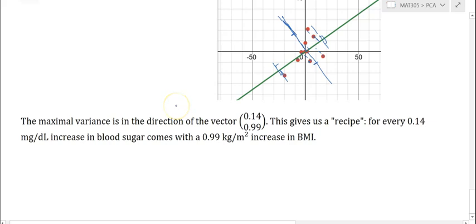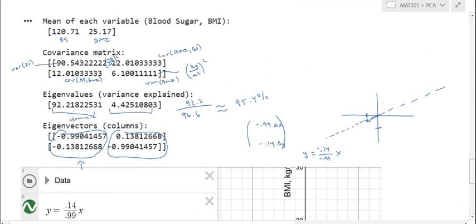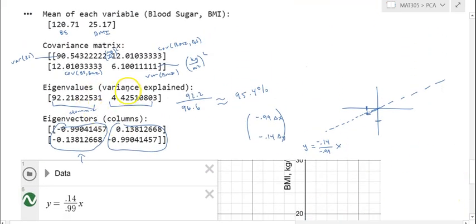Now imagine that we're in higher dimensions, like 10 dimensions. I repeat this process, but I get 10 eigenvalues and 10 eigenvectors. I order them in descending order. I look at the largest eigenvalue, and I can interpret the eigenvector as a corresponding change in all 10 components. We'll look at something a little bit bigger later.